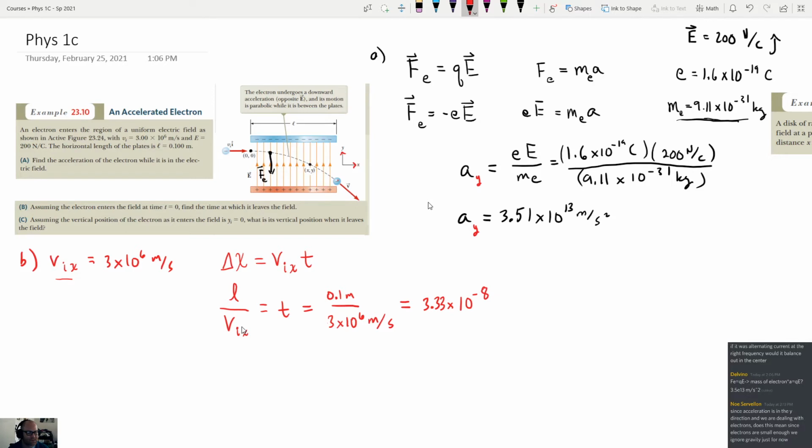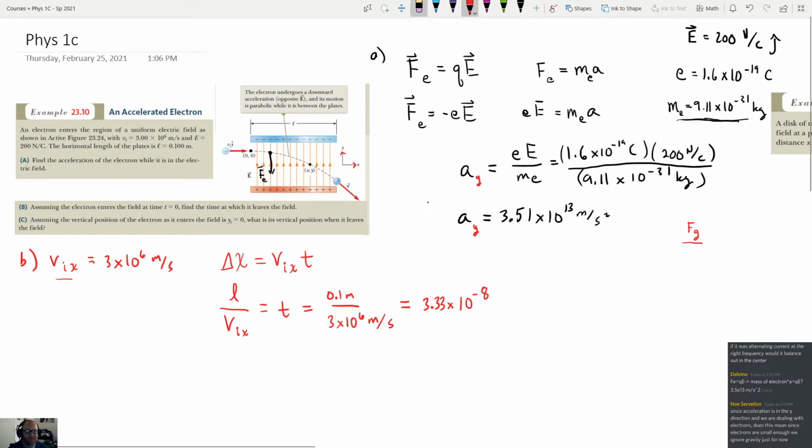Okay, Noe says, since acceleration is in the y direction and we are dealing with electrons, does this mean that since electrons are small enough, we just ignore gravity for now? Yep, that's right. So again, we could calculate what the force of gravity is and the acceleration that it produces pretty easily.